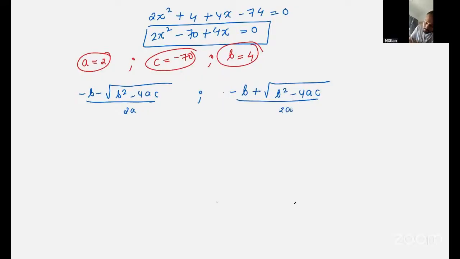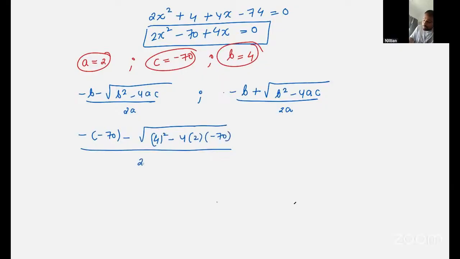So minus of minus 70... what is b square? 4 square minus 4 into a into c, which is minus 70, upon 2 into 2. Minus b would be minus 4, right, sir? See, I made a mistake. b will be 4, not minus 4. Plus 4.